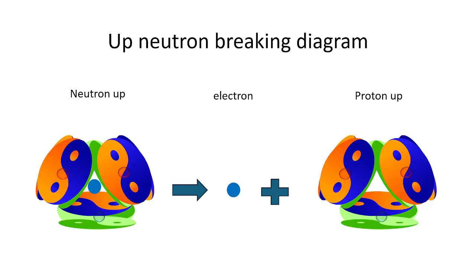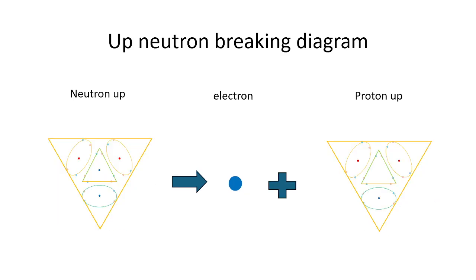Up neutron breaking diagram. Neutron up becomes electron plus proton up, with symbols.